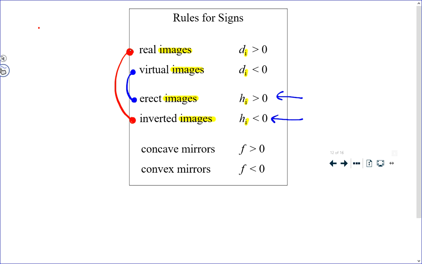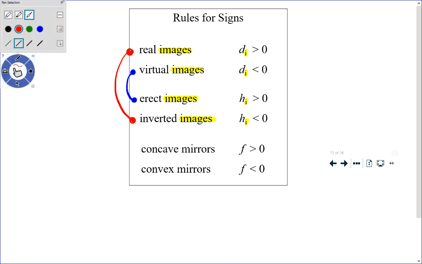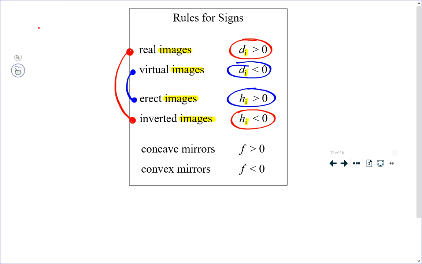Now, how do we remember what the displacements are? I have this basic, simple rule. We'll talk about the real images just for a second. When you look at the real images, there is a displacement and there is a height. And when you look at the virtual images, there is a displacement of the image and there is a height. Here's the trick, or the rule: for every image, one of those two things is positive and one is negative.